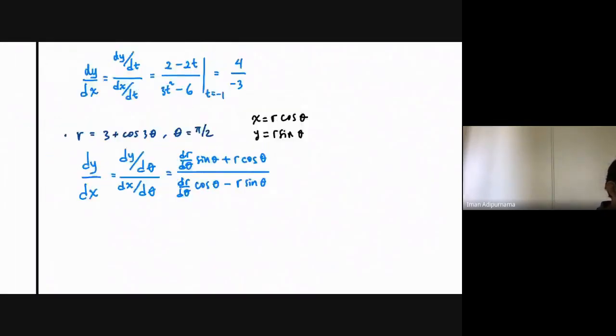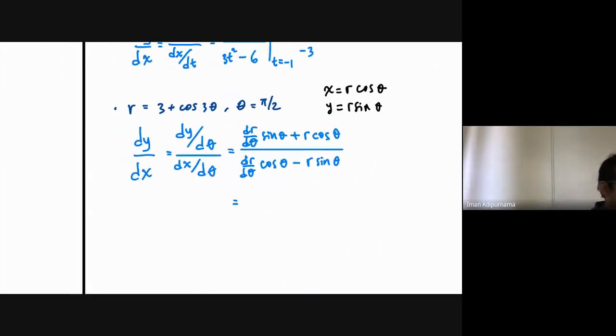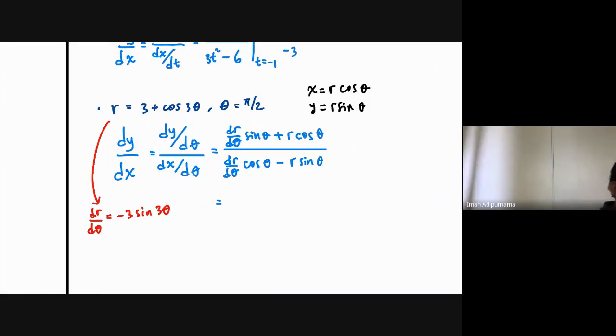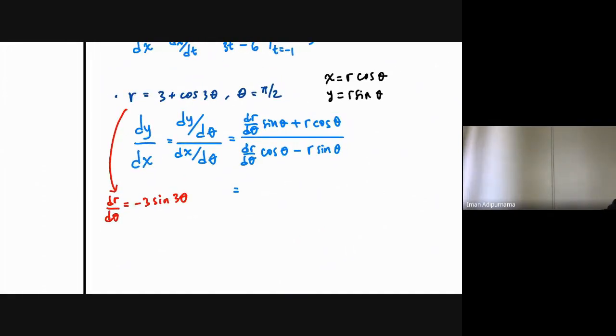And the next thing is you need to plug in all the information from the question. First, we need to evaluate dr over d theta, which is negative 3 sine 3 theta. So we replace all the r and dr over d theta.